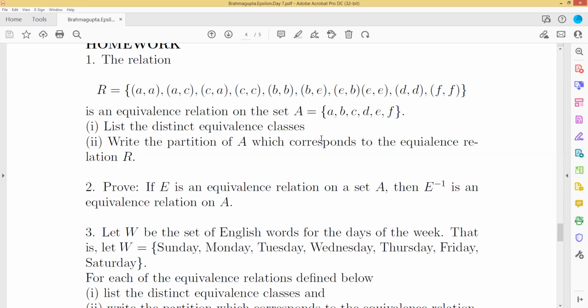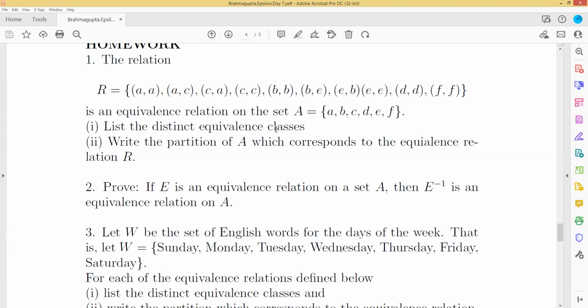Yes, sir. There are like 4 possibilities. You could have A, B, D, F, or you could have A, E, D, F. Equivalence classes are sets containing some of the members of the set A. Give me one equivalence class.